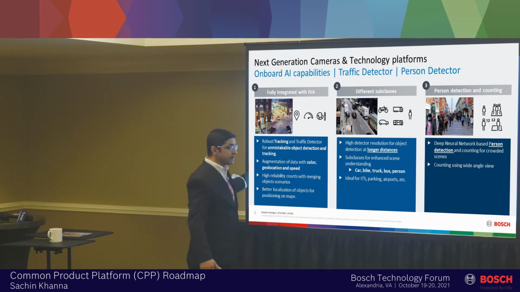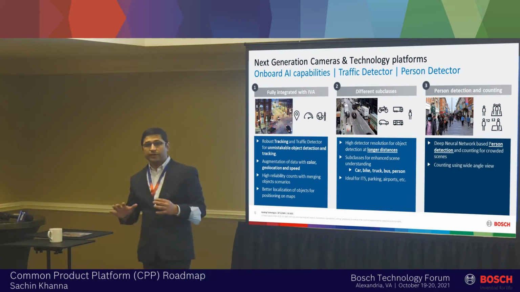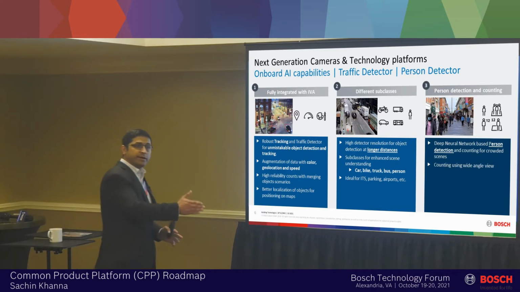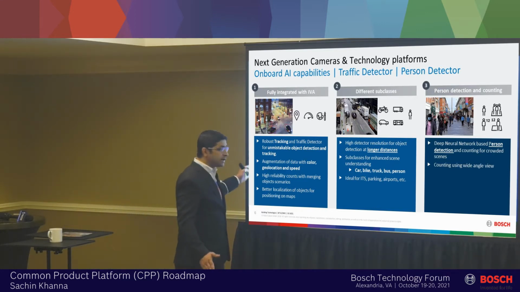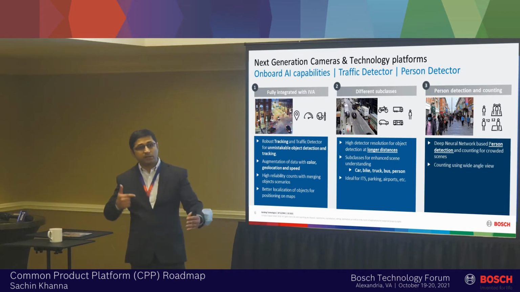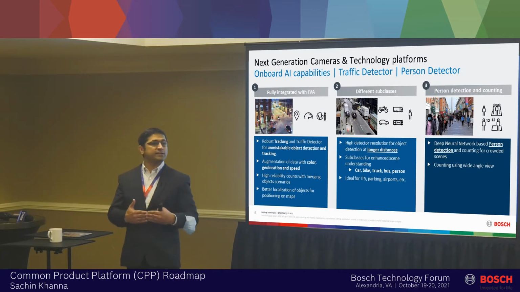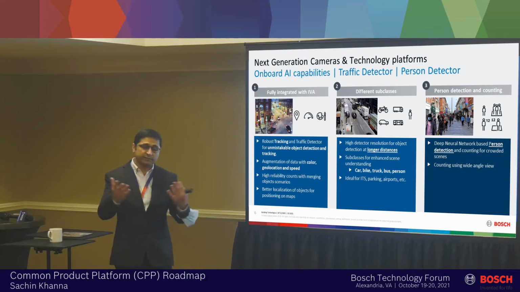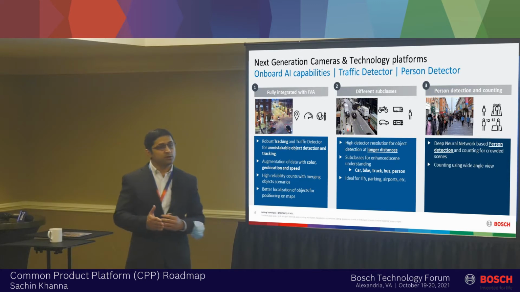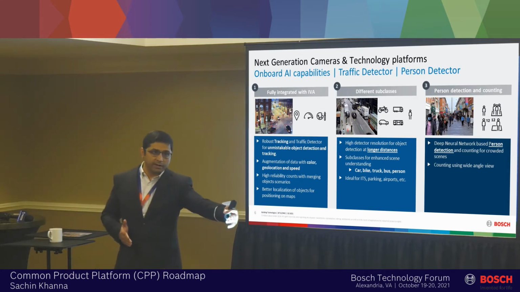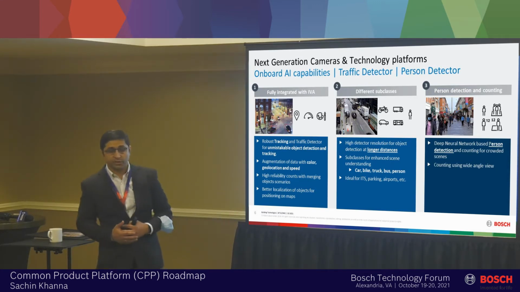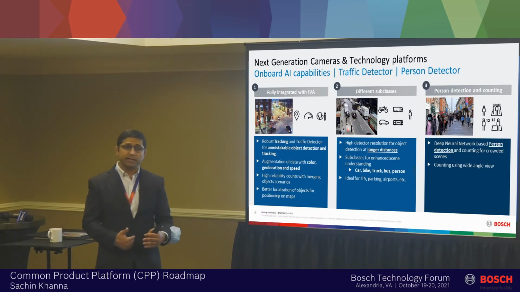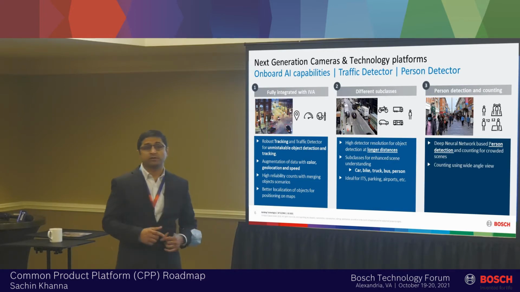But when you integrate with our IVA framework, we are able to reliably detect objects, even if in some frames we are not able to find the objects in the AI detector. Using our object flow, we are able to predict that if I have seen an object in one frame, and it is not available for a few frames, either because it is occluded or something like that, and then it appears again, this has to be the same object. This really helps us in tough environmental conditions to have stable and continuous object detection, and you are not getting false alarms.